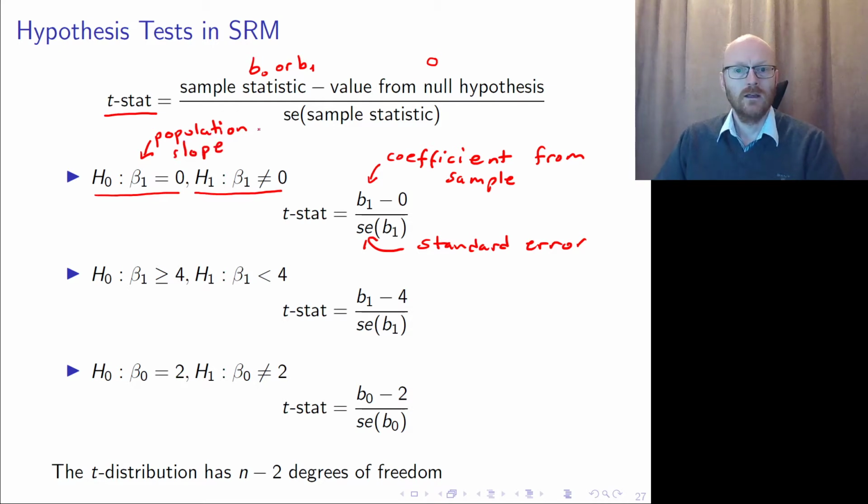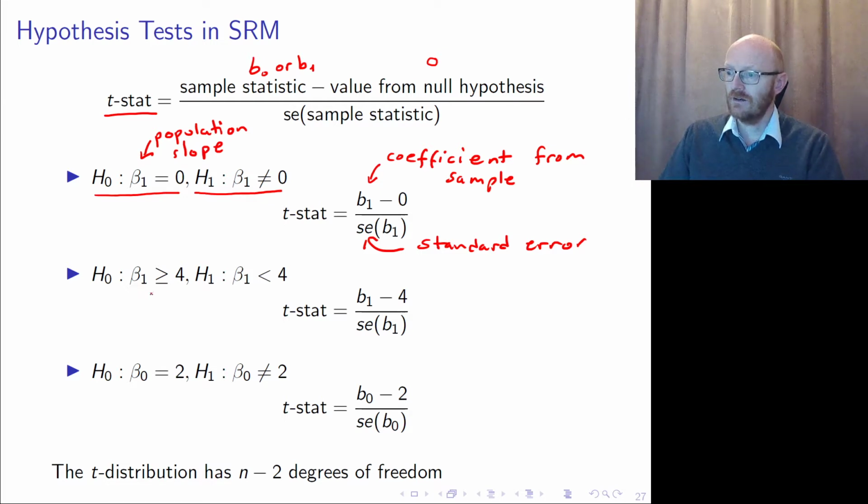Okay. And instead of measuring the difference from 0, we could measure the distance from, for example, any cutoff value, for example 4, and you could make the test a one-sided test.